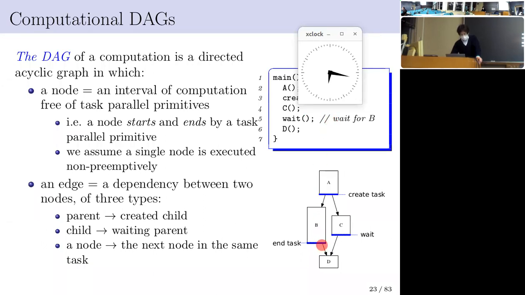So there's an edge from B to D. Similarly, there's an edge from C to D. So this is the third bullet.